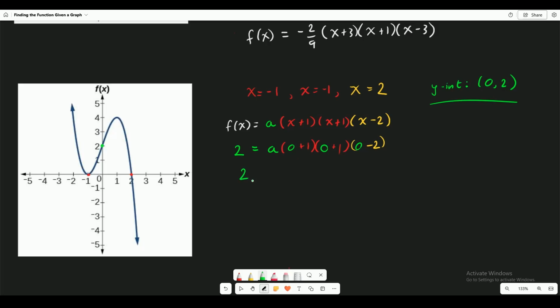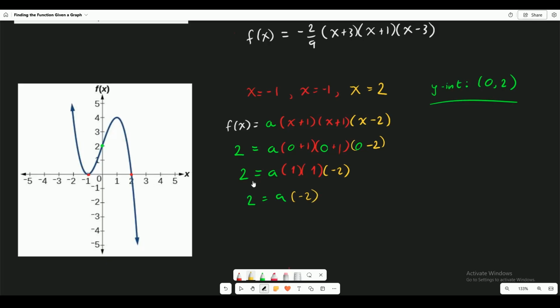So we get 2 is equal to a times 0 plus 1 is 1, 0 plus 1 is 1, 0 minus 2 is negative 2, which means that 2 is equal to a, 1 times 1 is 1, 1 times negative 2 is negative 2, right?